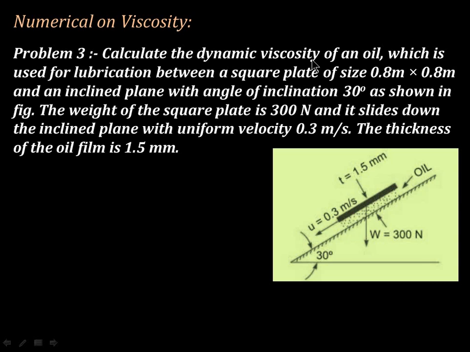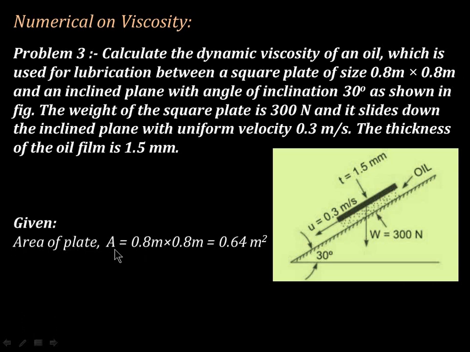So we need to calculate the value of mu, which is used for lubrication between a square plate of size 0.8 meter by 0.8 meter. So the area of the plate is 0.8 meter by 0.8 meter, equal to 0.64 meter square, and an inclined plane.